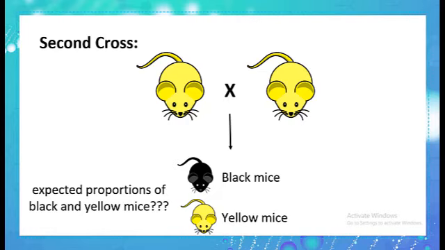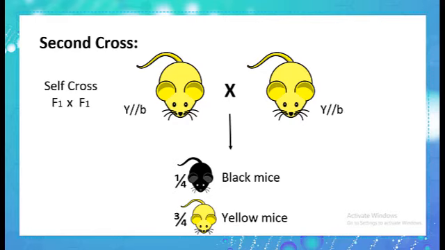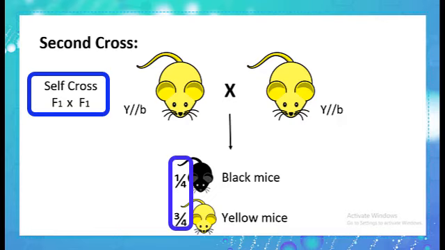You must be saying that since both parents are just proved to be hybrids, then this cross is a self-cross, and the expected results of such a cross in the case of dominance is 3/4 of the mice should have the dominant yellow phenotype, and 1/4 of the mice should have the recessive black phenotype. Good thinking.